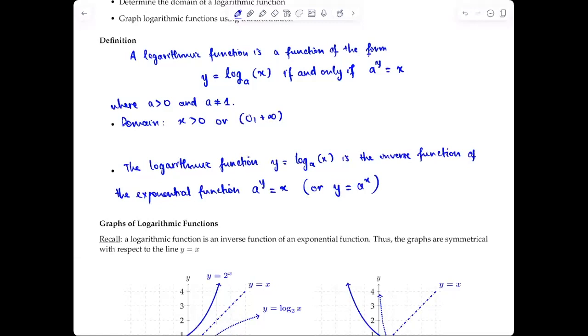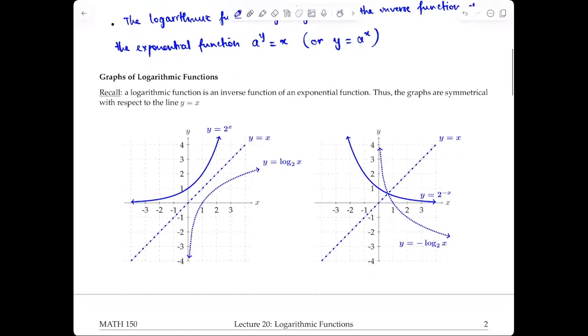Okay. And from two lectures ago, when we talked about inverse functions, you know that the graph of the original function and the graph of the inverse function are symmetrical with respect to the line y equal to x. Similarly, the graphs of logarithmic functions and their inverse exponential functions are symmetrical with respect to the line y equal to x. For instance, you have the logarithmic function log base 2 of x, and the inverse function is 2 to the x.